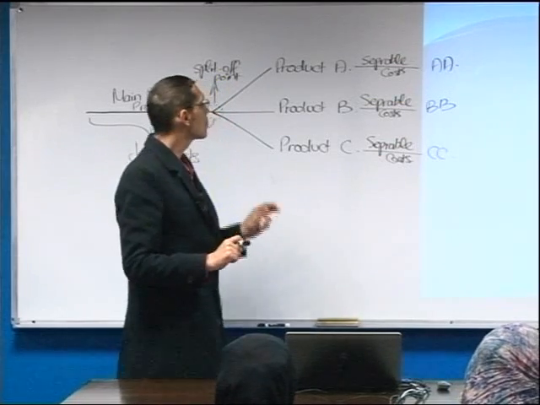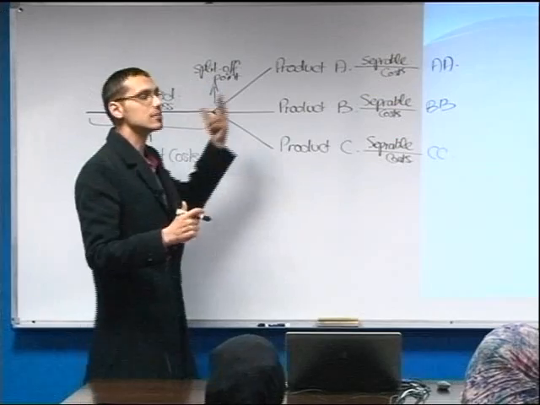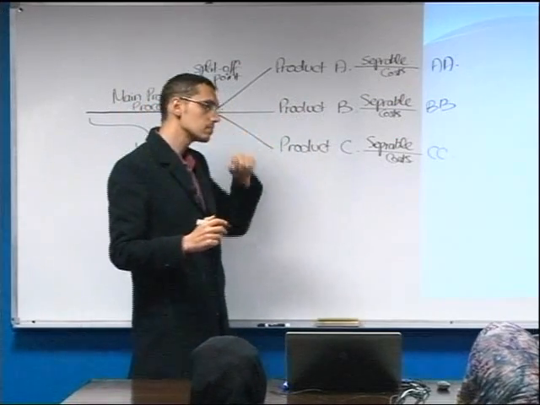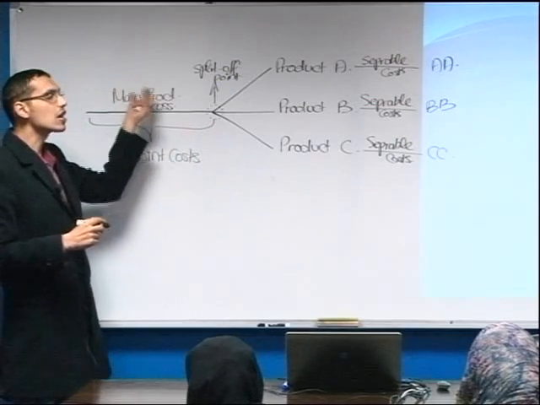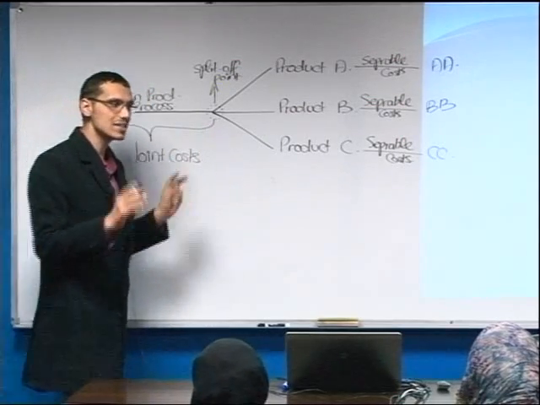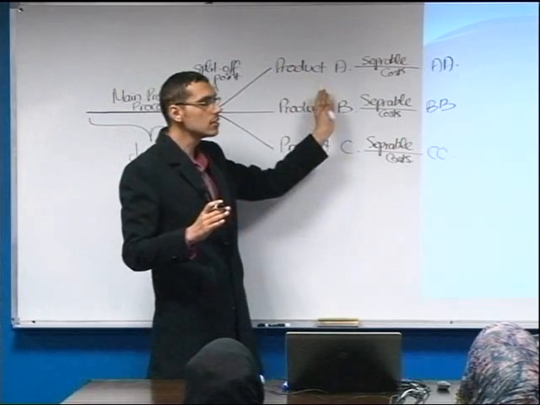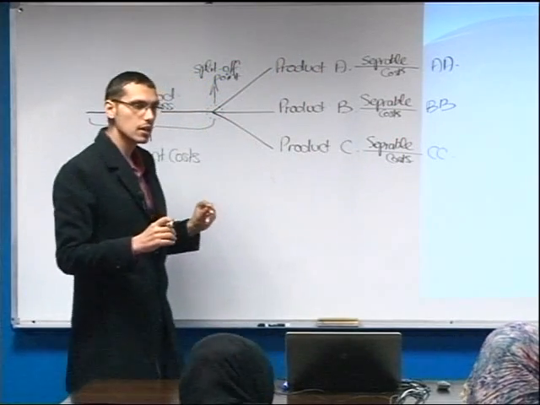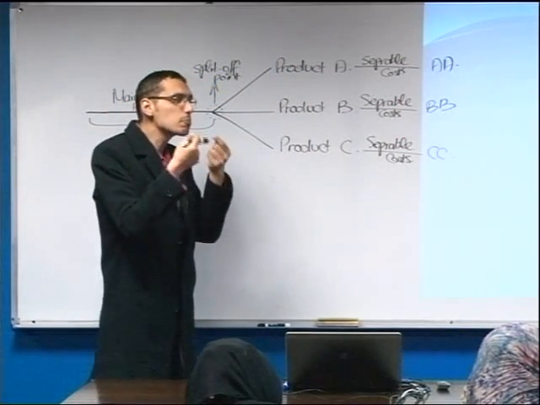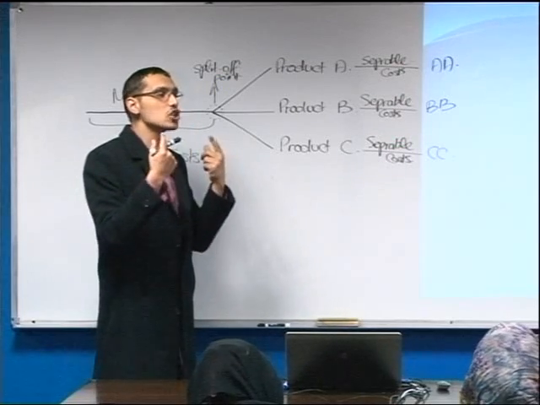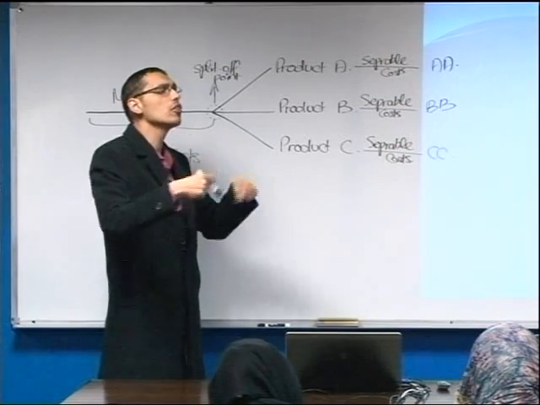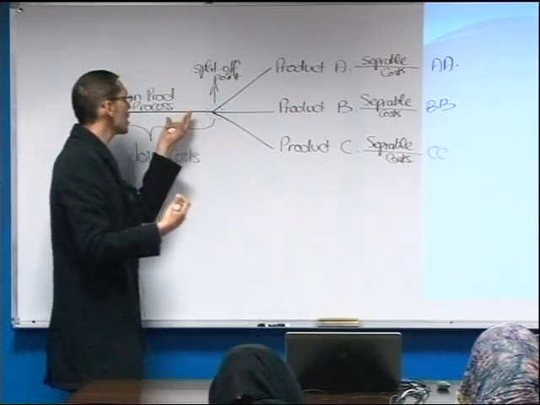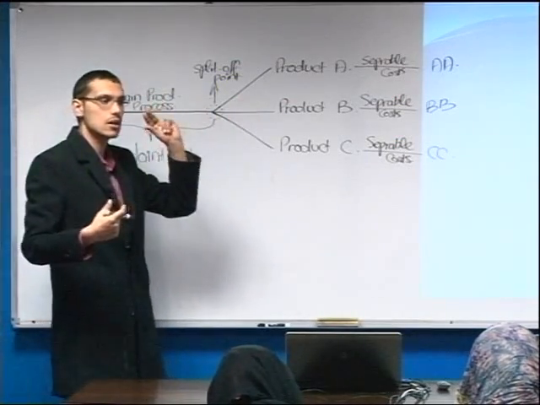Now, the products or the results, let us say, of any joint production process, we said it might yield different products. Now we need to consider the term product. We shall not consider all the results of this production process as products.